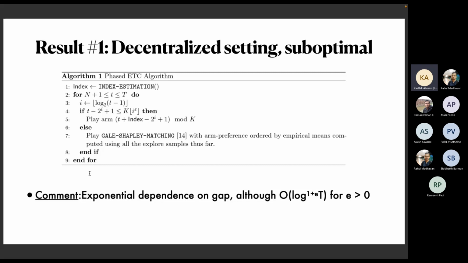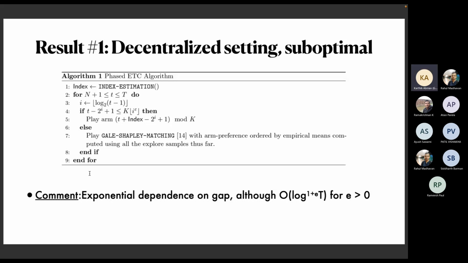Each agent will just propose to the one that is its neighbor in Gale-Shapley, based on the ordered empirical means. Now going back to the communication cost: after the exploration phase is done, the platform needs to collect everybody's arm preference and send it back to the players.